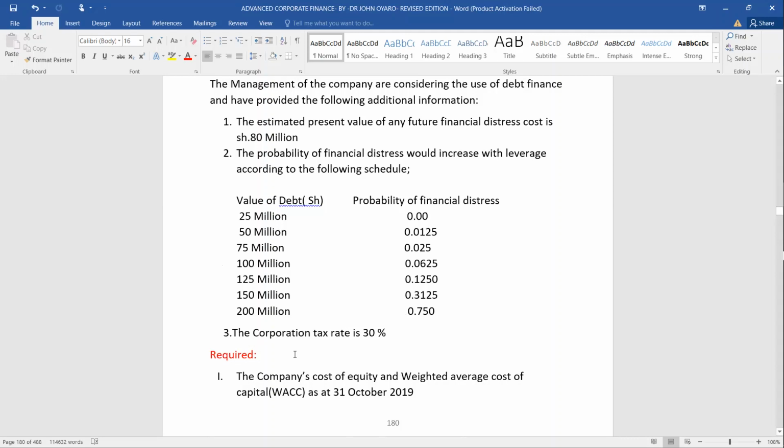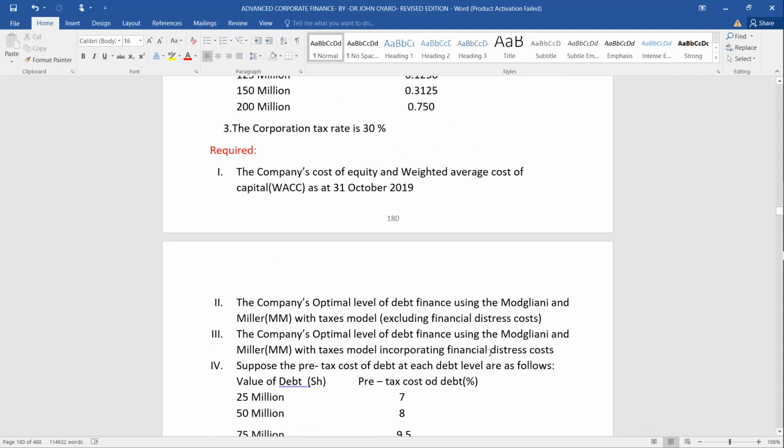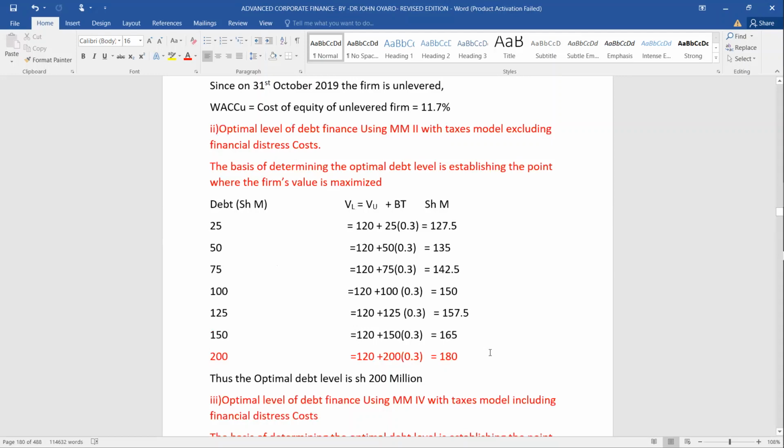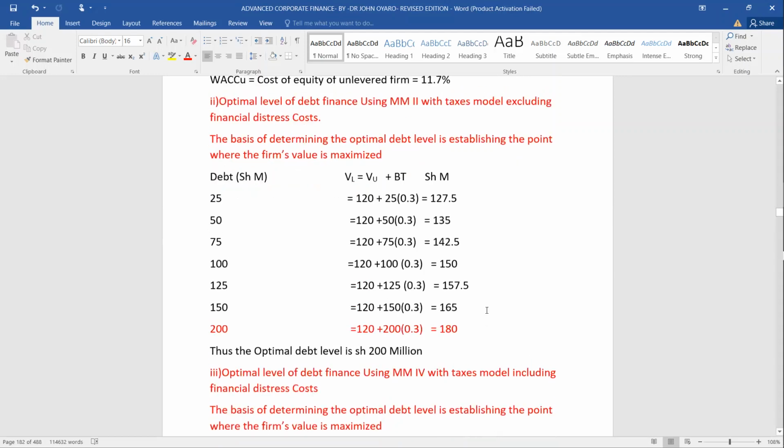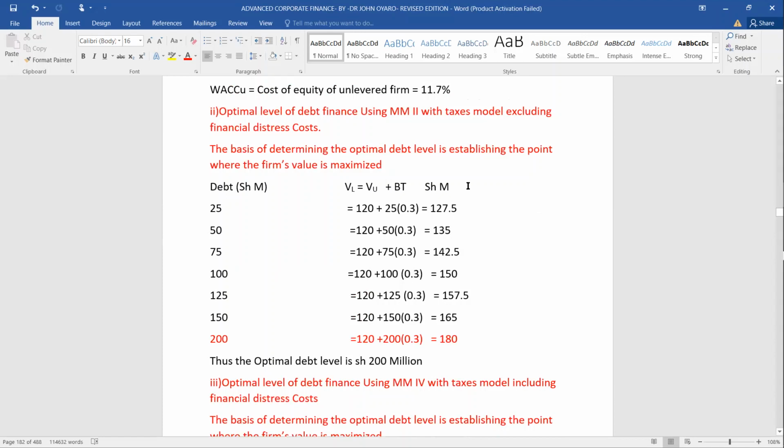The basis of determining the optimal debt level in this context, because we cannot generalize contexts, is establishing the point where the value of the firm is maximized.